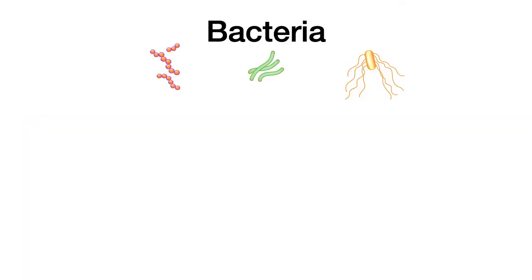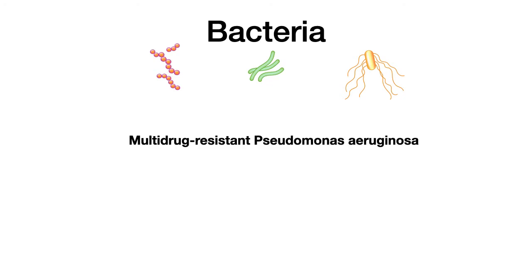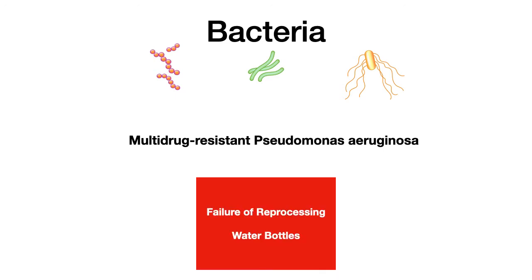Let's talk about other bacteria that are important. Multi-drug resistant Pseudomonas aeruginosa. And this typically happens if we fail to reprocess the endoscope properly, or we use water bottles that are not sterilized, or keep the water in the water bottles and reuse it day after day, and the Pseudomonas grows in those water bottles.